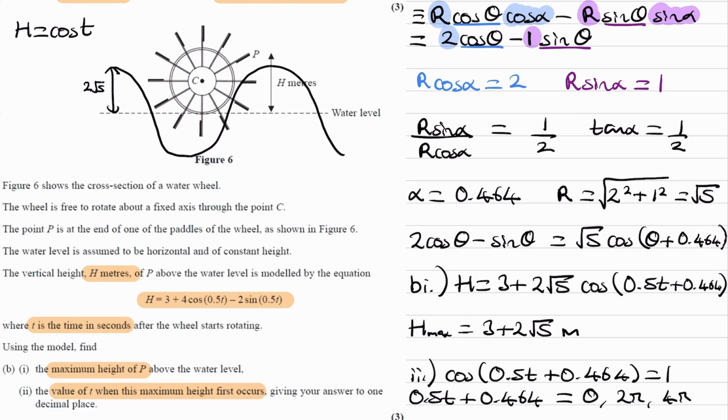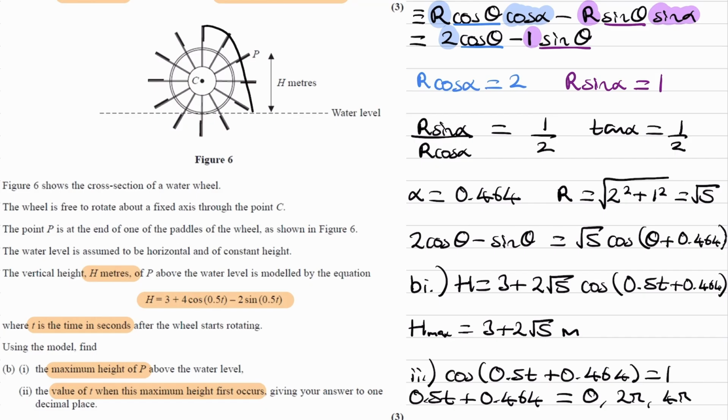The plus 3 that we have here will shift everything up 3 places. So our graph would then look something like this. So it doesn't matter where we start from horizontally. We're not interested in the horizontal transformations. It would look something like this, where if I draw a line through this central point here, this distance from the top of the wheel to that central point is 2 root 5.